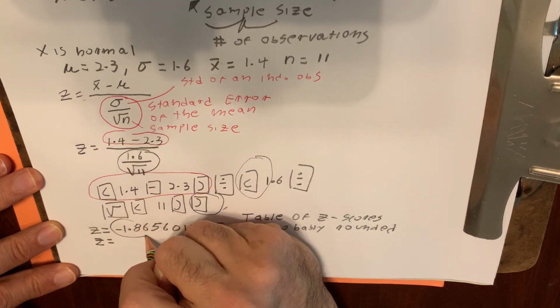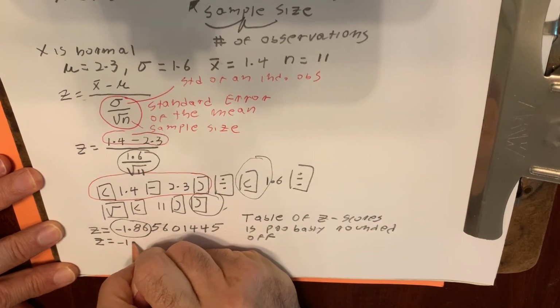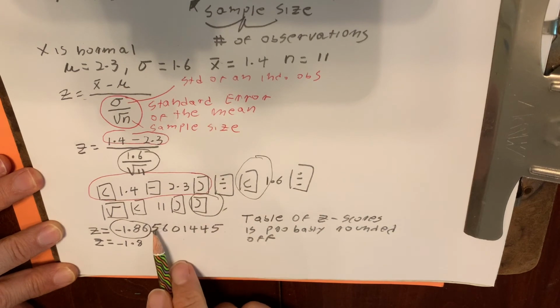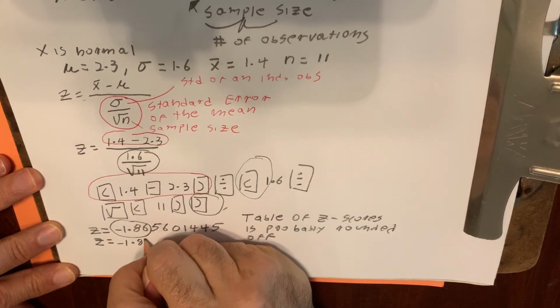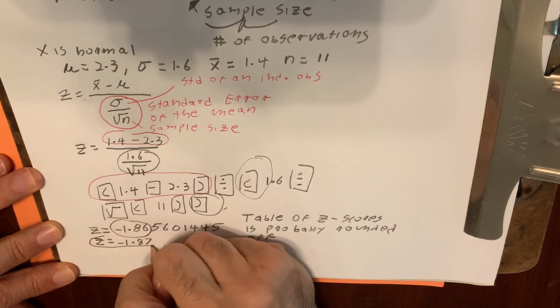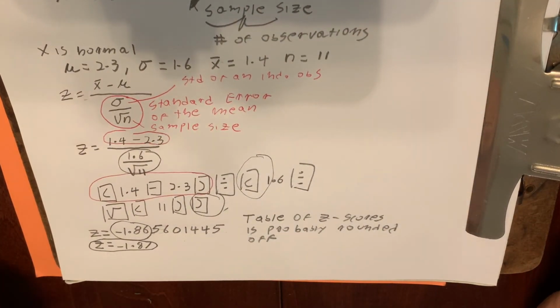So I am going to round this z-score off to negative 1.87. Now notice this 5 is a 5 or more. So this 6 gets rounded off to a 7. And this is my final answer.